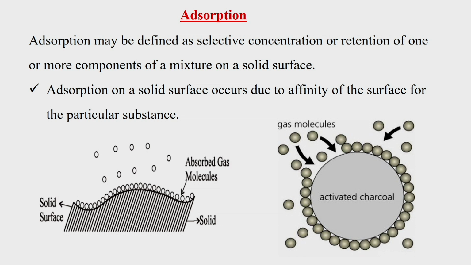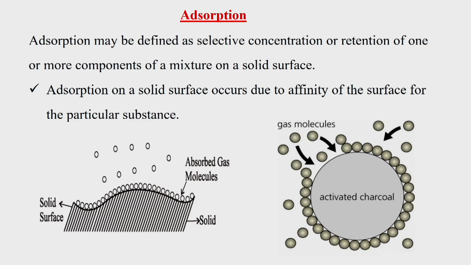There we learned that absorption was a bulk phenomenon. The target component was absorbed inside the core of the absorbent, and at that time we assumed that the surface of the solid material was not contributing towards the separation of the target component.